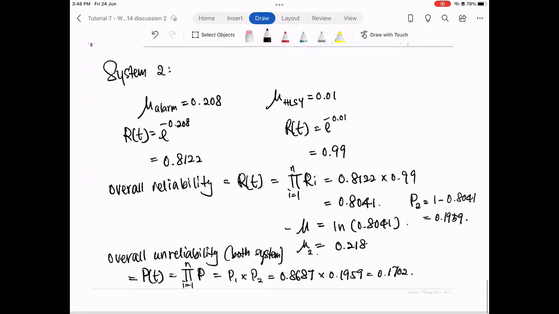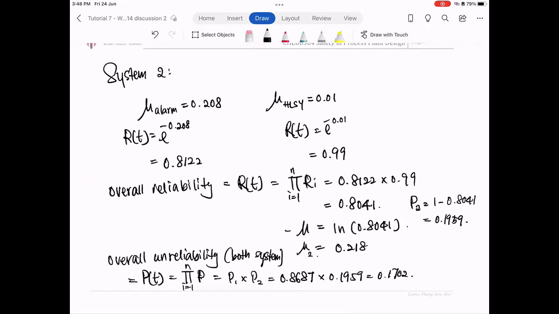Okay, so again, if we are to calculate back the reliability, R total is 1 minus 0.1702. So we have it back: 0.8298.